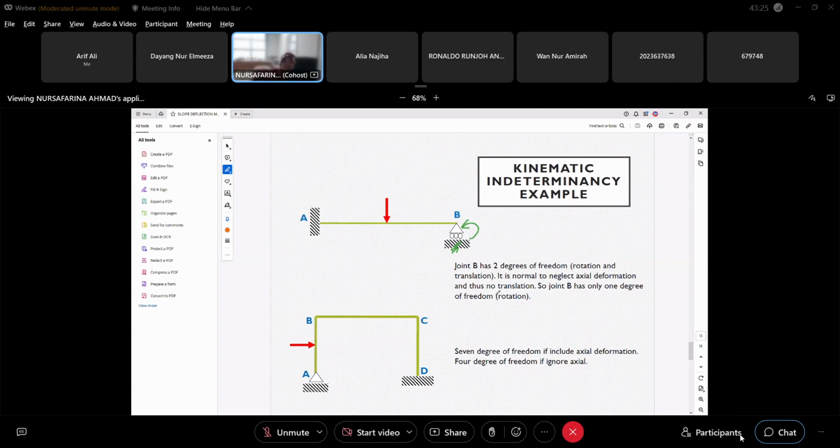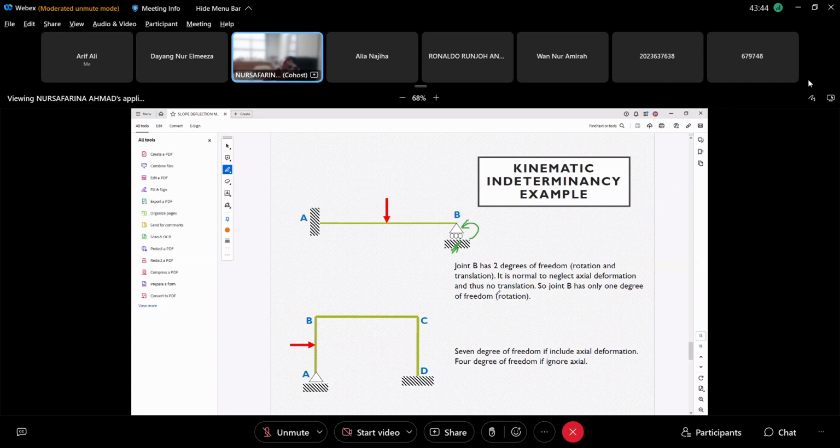Okay, so here 7 degrees of freedom if including axial deformation, 4 degrees of freedom if no axial. Okay, 7 degrees of freedom. Ni joint B, 7 degrees of freedom, you kena tengok dekat joint.